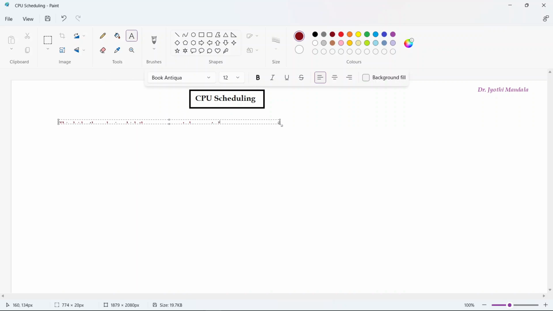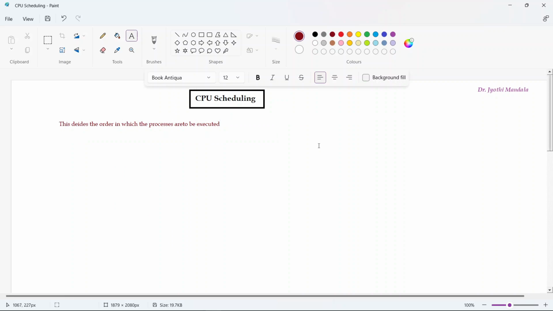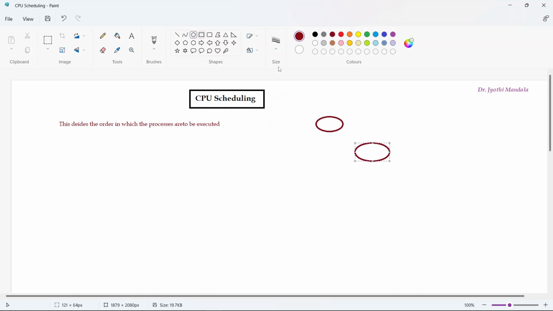If you are not clear with this point, I'll just quickly revise what we learned in case of process states. Do you remember these states? We had the new state, and then we had the ready state, and then we had the running state, which will be taken care of by the CPU, and here we have the waiting state, and finally we have the terminate state.